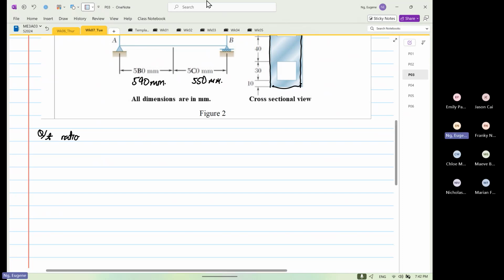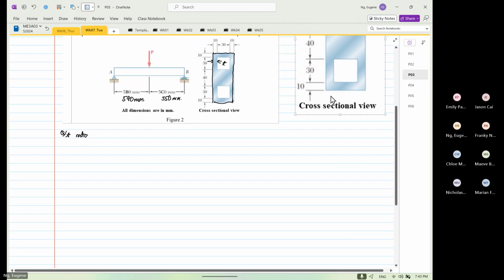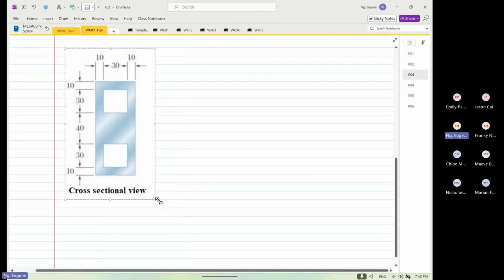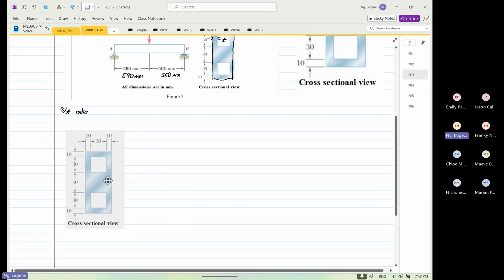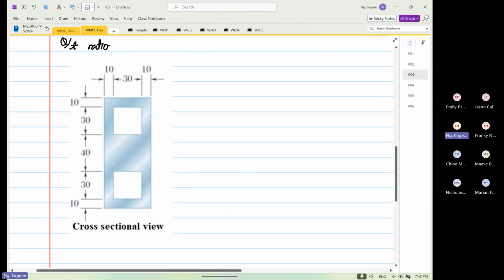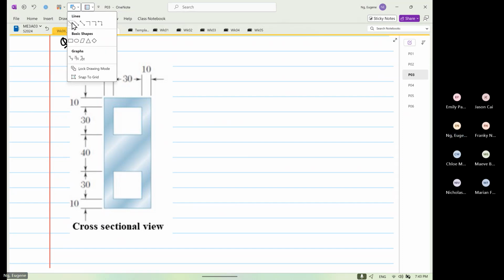We are going to look at 2 points now. This is the cross section we have to look at. Based on observation, we are aware that this is the centroid.